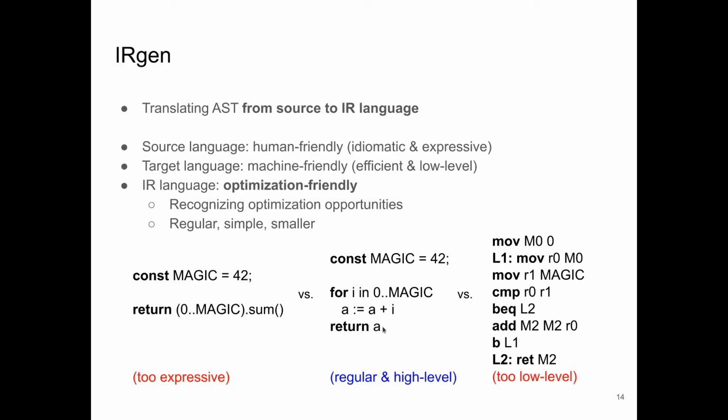Then by looking at this code, we can immediately see that there is some structure of the computation that is looping over the values and getting the summation. So it is probably easier to apply optimizations by replacing this magic value with 42 and unrolling this loop, and then replacing this a with the value that is the summation from 0 to 42.